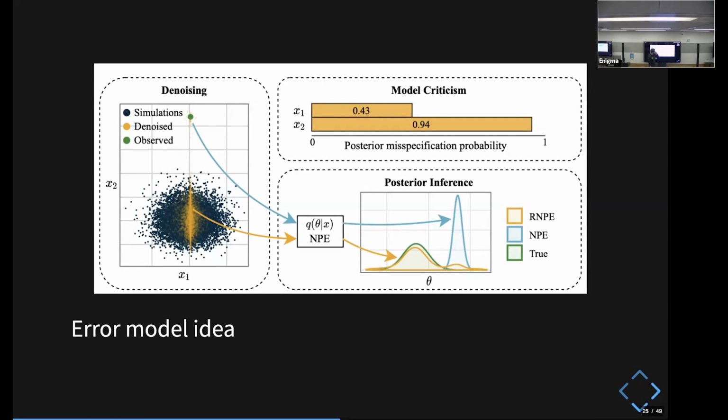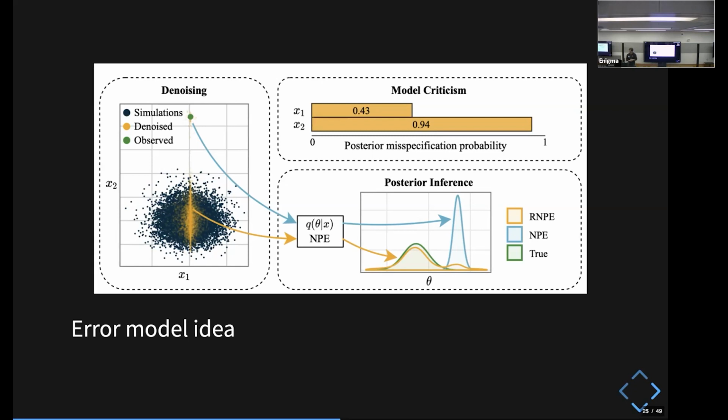What you see here is that a naive neural network approach on this data would provide you with this blue line as a posterior, whereas the green line is the true one. And if you fix it with model criticism, which is kind of saying we know which aspects of the simulator don't work and we can take care of this, this will fix the posterior distribution to some extent and make the inferences better.